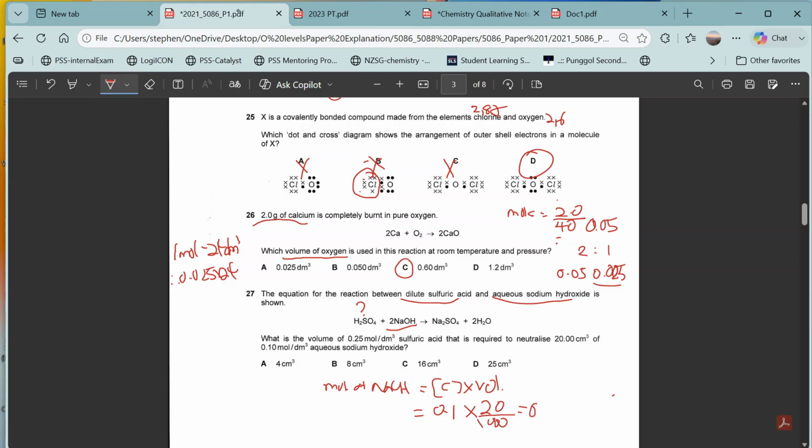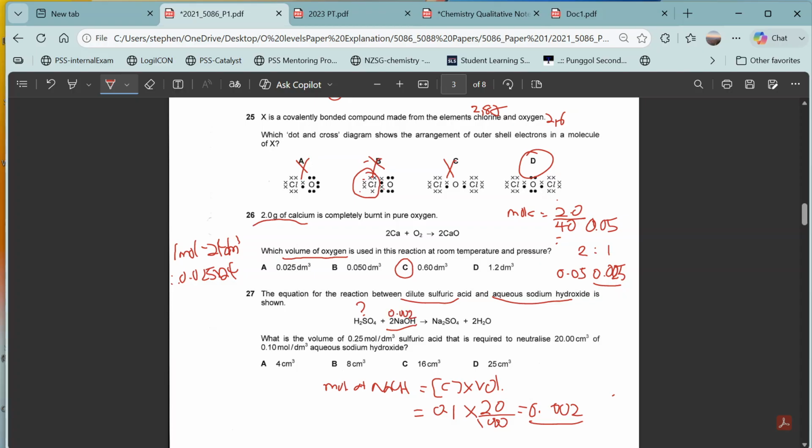So the answer is 0.002. Alright, so let me double check. Okay, so I need 0.002 of sodium hydroxide, this one, so I write it out here.